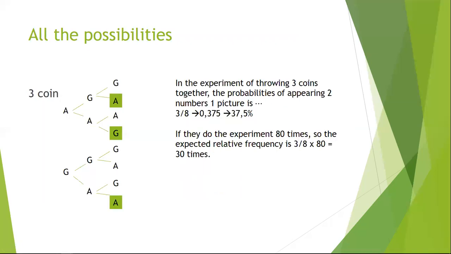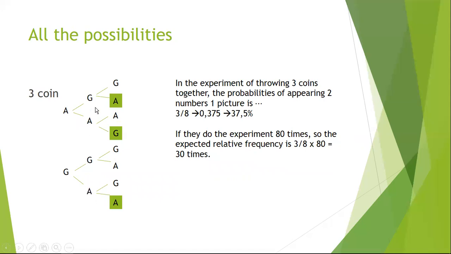Next, what if we throw 3 coins together? How about the possibilities? I can write it here. If we use 1 coin, the possibility is only 2: number or picture. If we throw 2 coins, we just need to make another possibility from each part, so picture and number, picture and number.